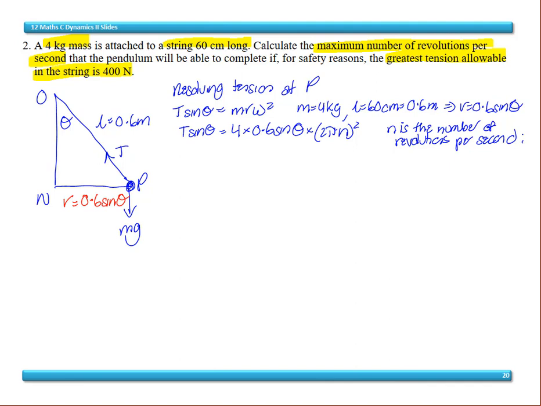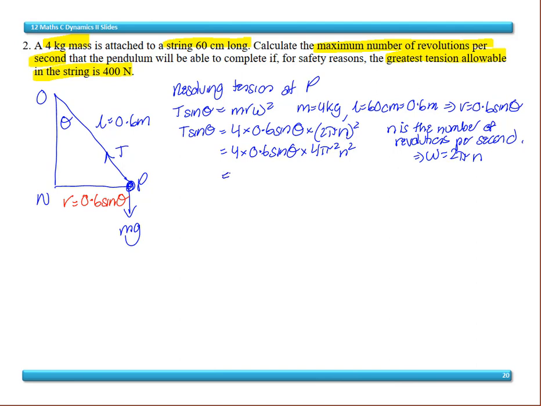Okay, so that meant that omega equaled 2 pi n. So I've now got 4 times 0.6 sine theta times 4 pi squared n squared.